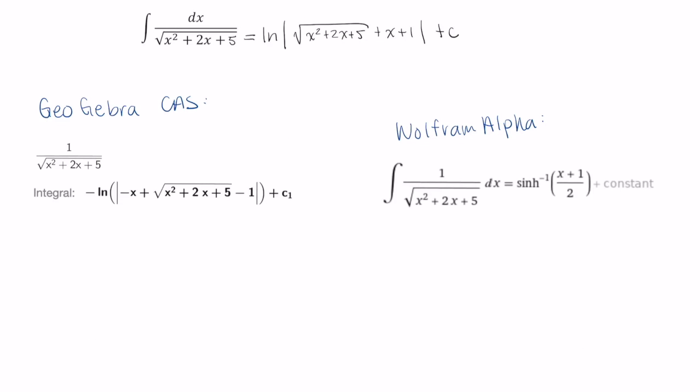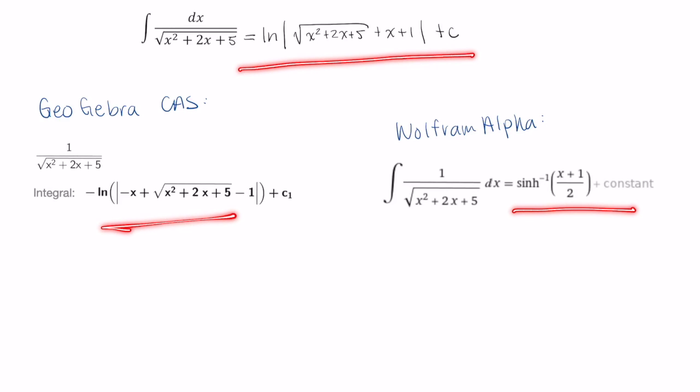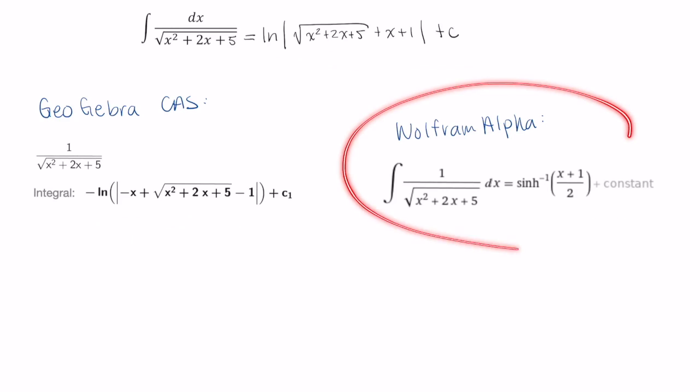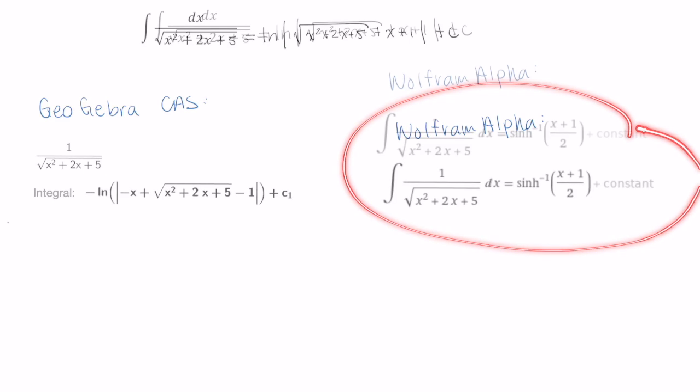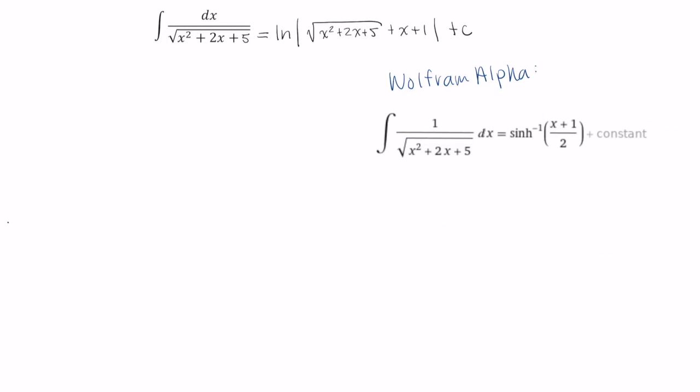Okay, so let's reconcile both of these solutions with what we computed manually in the previous module. And let's begin with this solution from Wolfram Alpha. So in order to make sense of this solution, you need the identity hyperbolic sine inverse of w is equal to the natural log of w plus the square root of w squared plus 1.